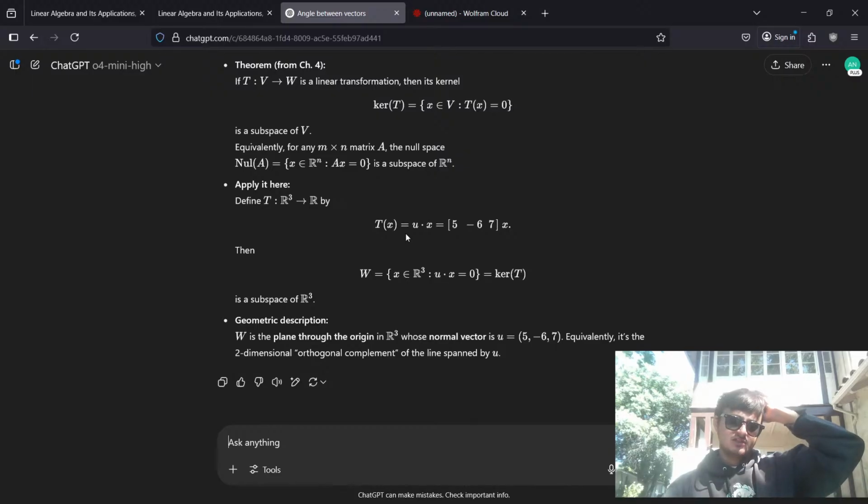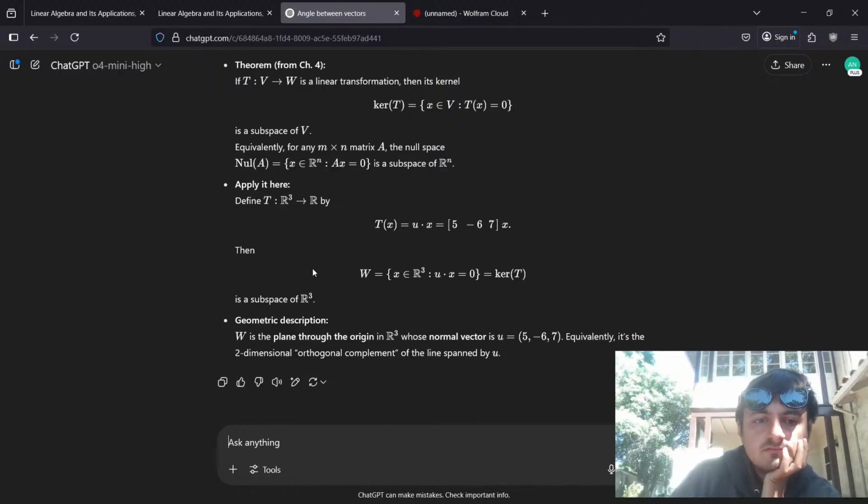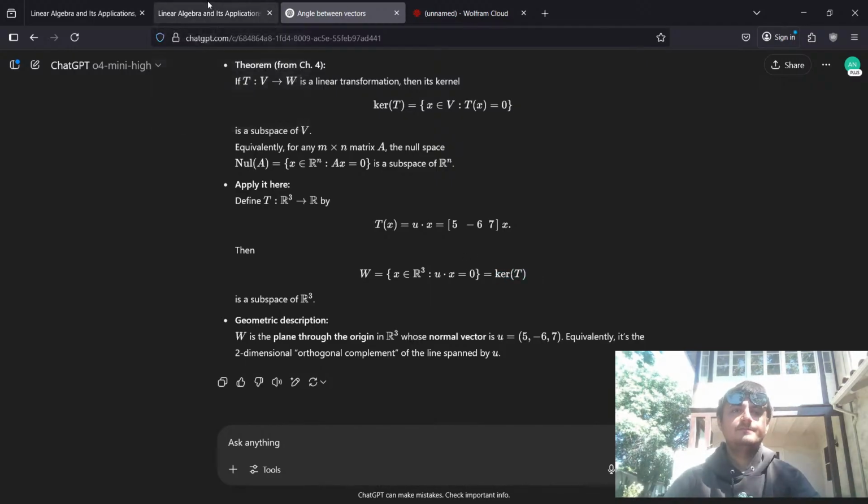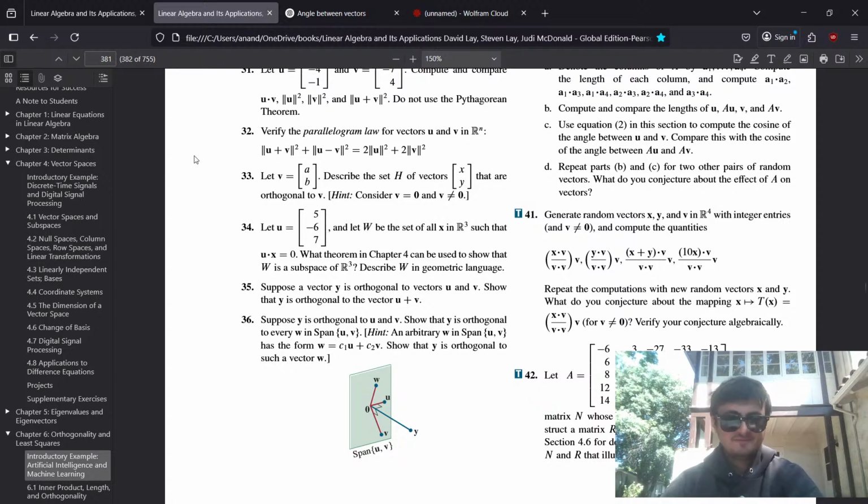Yeah, treat the transformation as of U. So it's just going to be the null space of U, right? Yeah, the kernel. I always get kernel and image mixed up for some reason. All right.